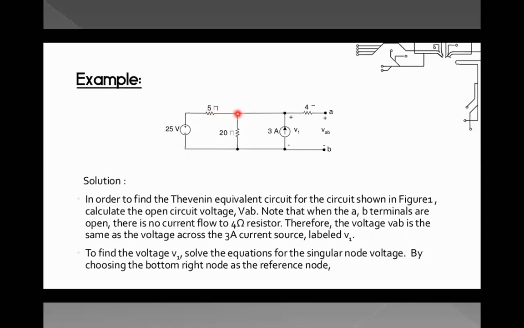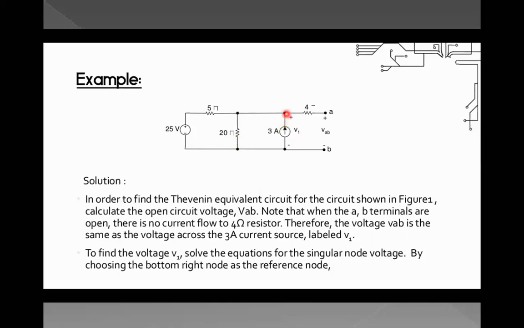So this is nothing but V1 minus this voltage, we say this is V. So V1 minus V divided by R1, plus V1 divided by R2.